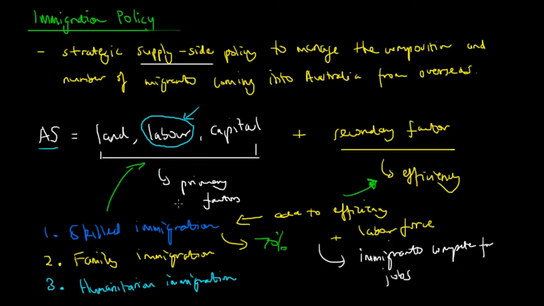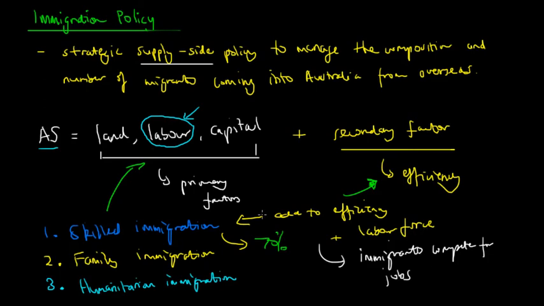So in fact, rather than improving the living standards of domestic residents, they're actually improving the living standards of overseas residents who come over to Australia. And that's a major argument against skilled immigration, is that because they compete for jobs with local residents, they may lower the material or non-material living standards depending on your subjective views of our people. And that conflicts with the overarching economic goal.